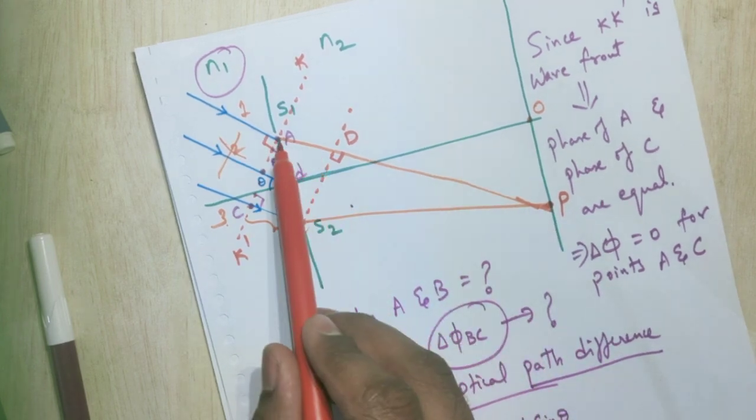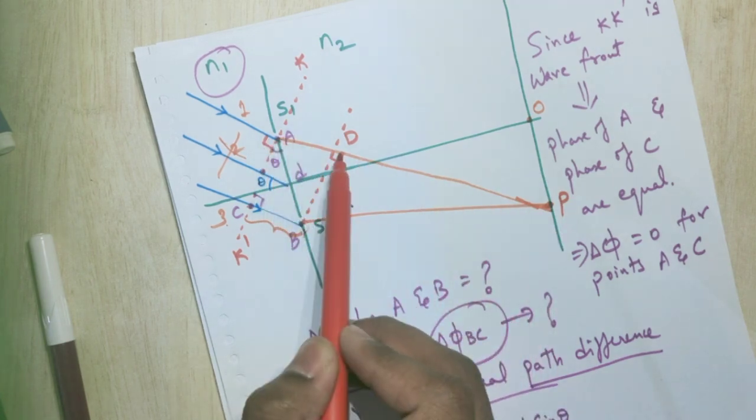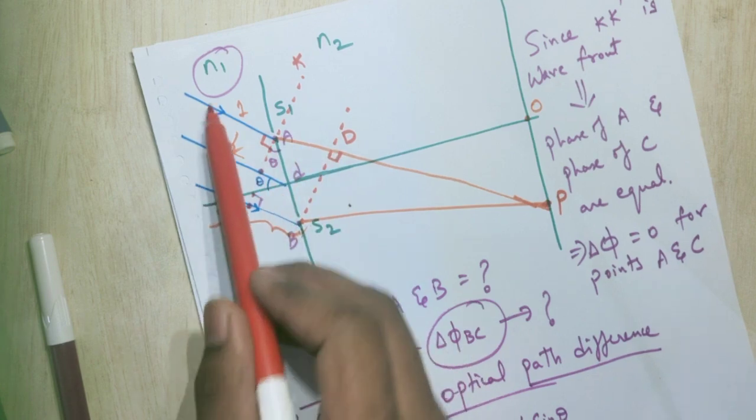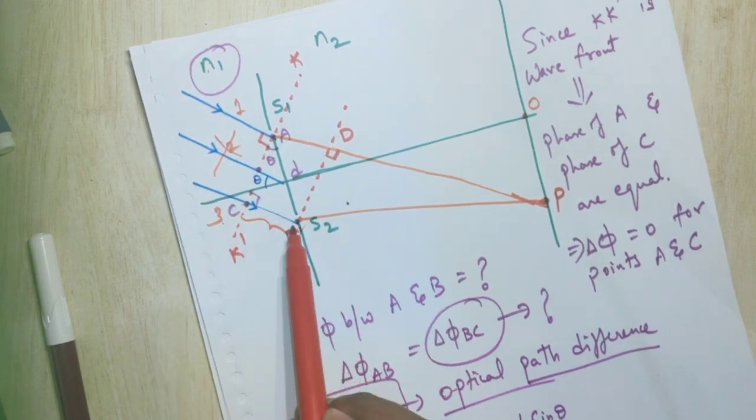So you can say this first ray has extra length this much. Here in the medium n1, the third ray has extra length this much.